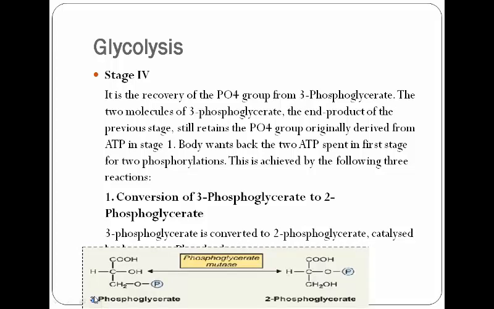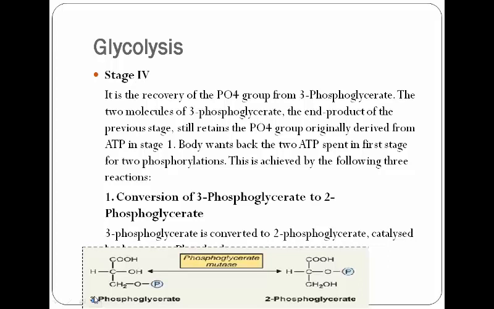How? From 3-phosphoglycerate. The 2 molecules of 3-phosphoglycerate, the end product of the previous stage, still retain the phosphate group. So it is the stage where recovery of ATP occurs. First, in the first reaction only a rearrangement of phosphate groups occurs.